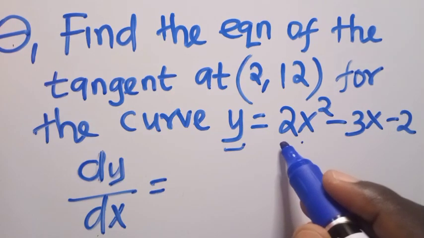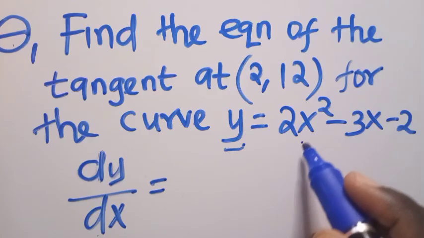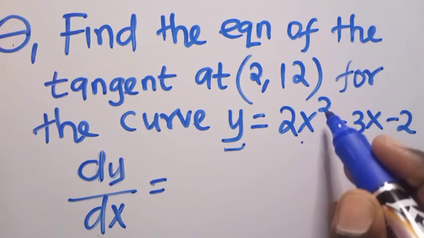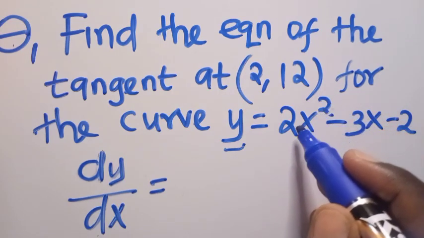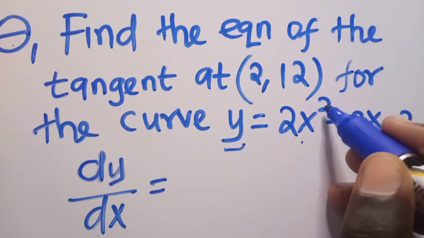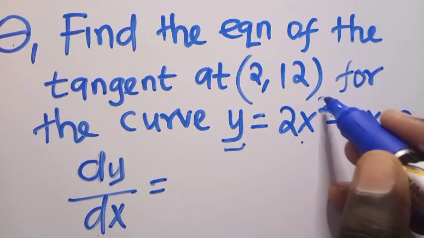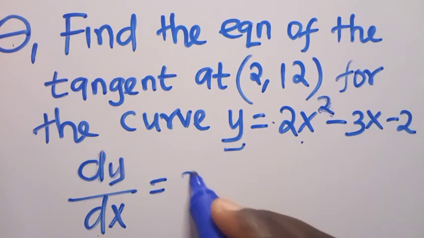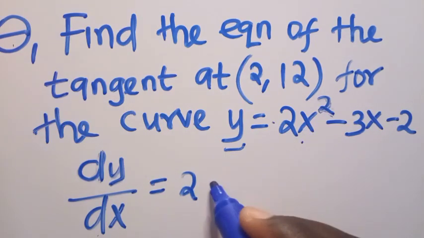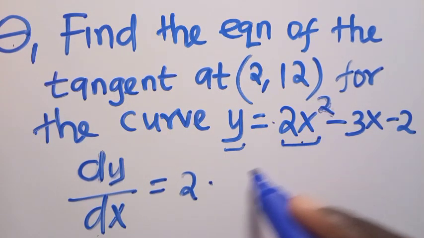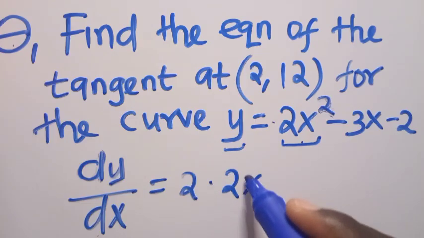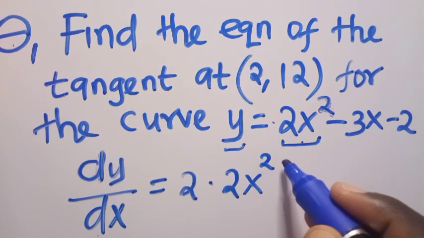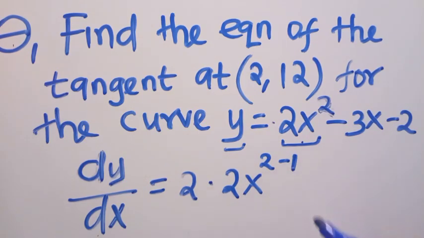Now, let us differentiate this. If we differentiate 2x squared, we shall bring the power, which is 2, here so that it will be 2 times 2x raised to 2, then we reduce that power by 1.